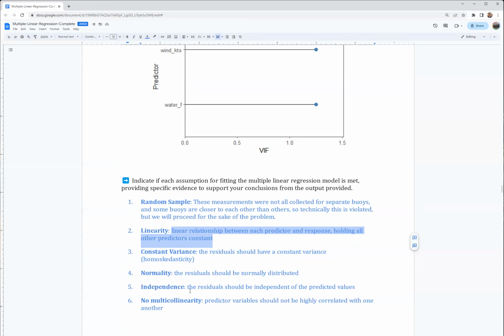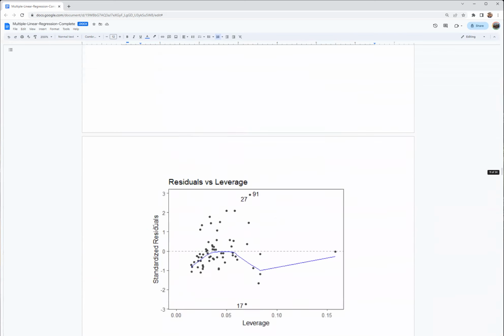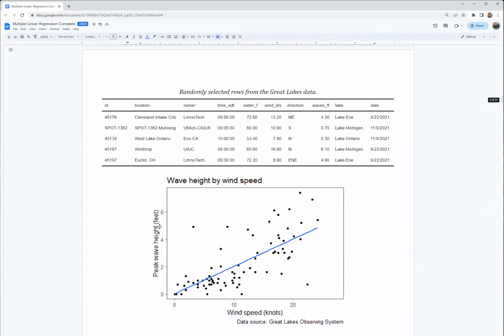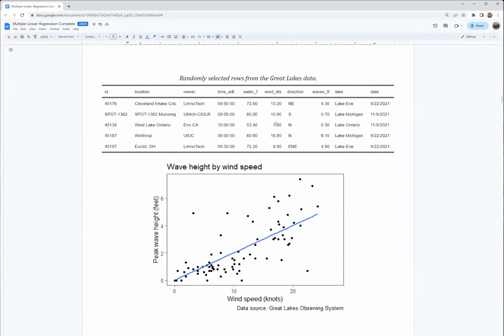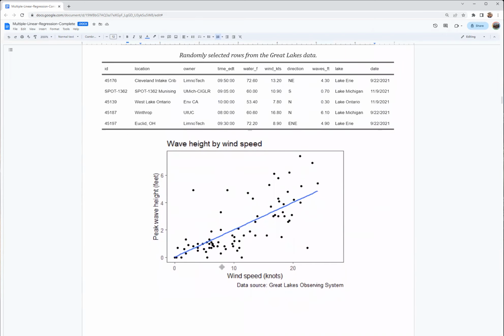Okay, so for the linear relationship between each predictor and response, let's see. Looking at the scatter plots, which we already looked at. Okay, so wave height and wind speed.